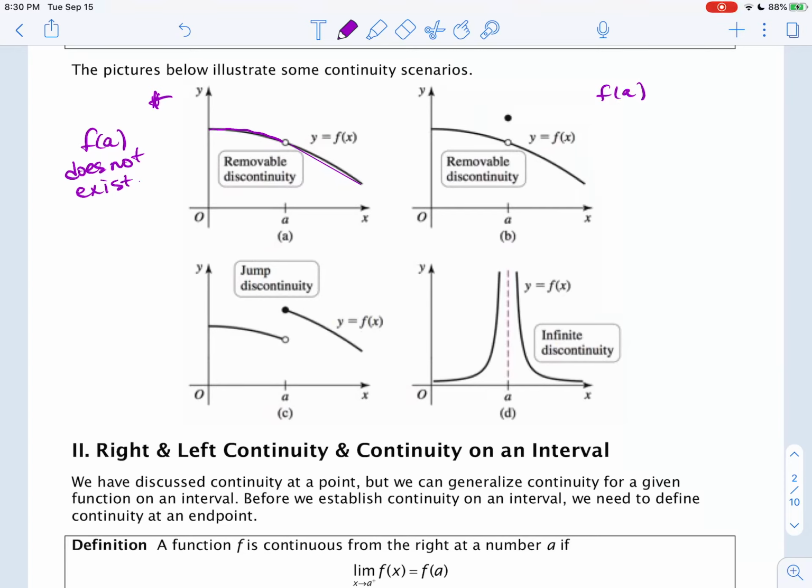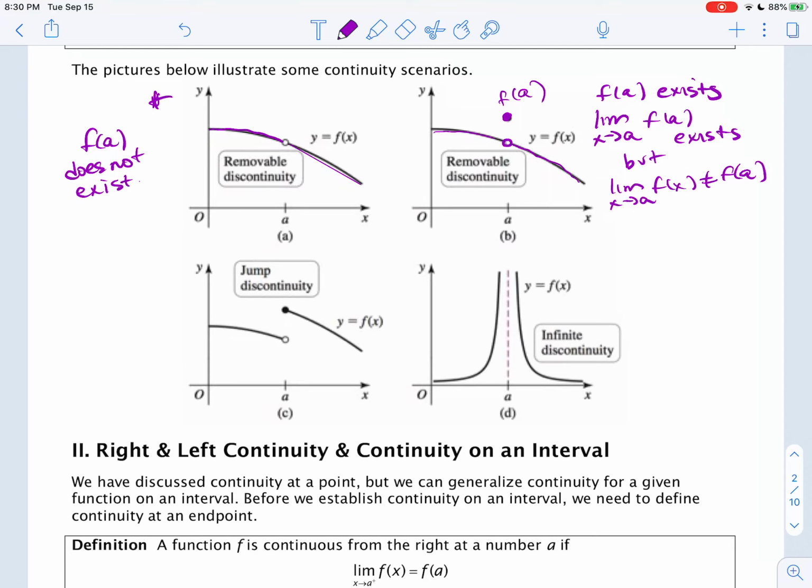The second one, we have that f of a exists. The limit as x approaches a exists, but the limit as x approaches a of f of x does not equal f of a, right? Because we have an open hole. This is the limit where the open hole is, because the function outputs are approaching that from both sides.